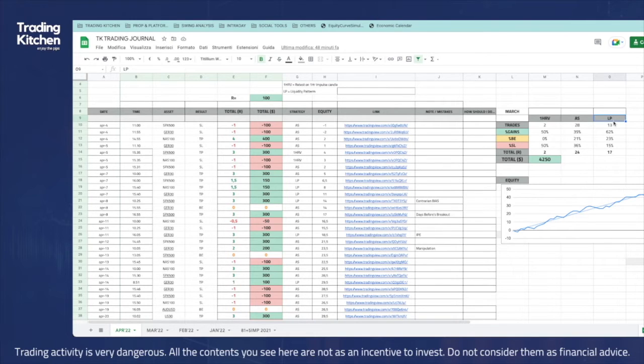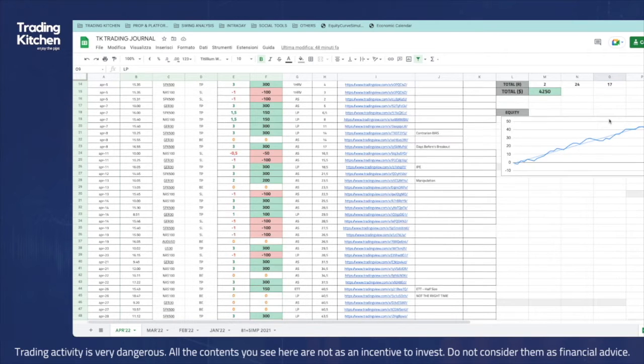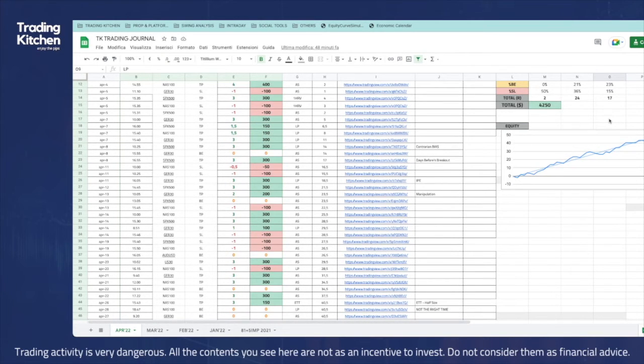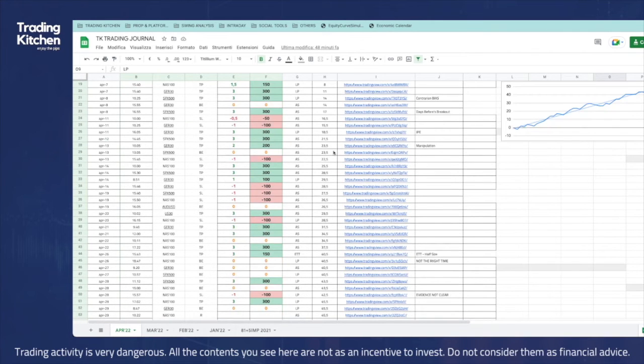This strategy is fully explained in my last two videos. So this is my trading journal that I share every day in my Discord group.